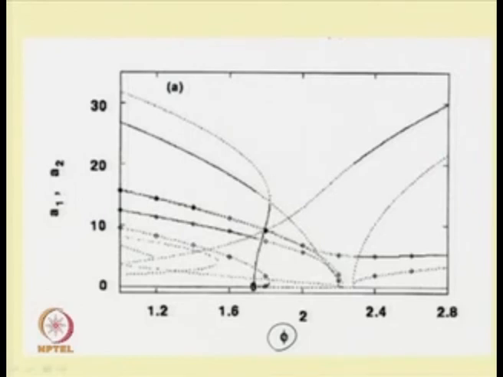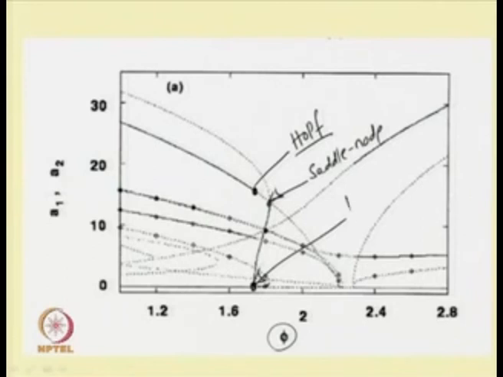Similarly, at this point one can observe a saddle node bifurcation point, and at this point one can observe a Hopf bifurcation point. So, this point corresponds to a Hopf bifurcation point, this point corresponds to a saddle node bifurcation point, and this is a pitchfork bifurcation point.